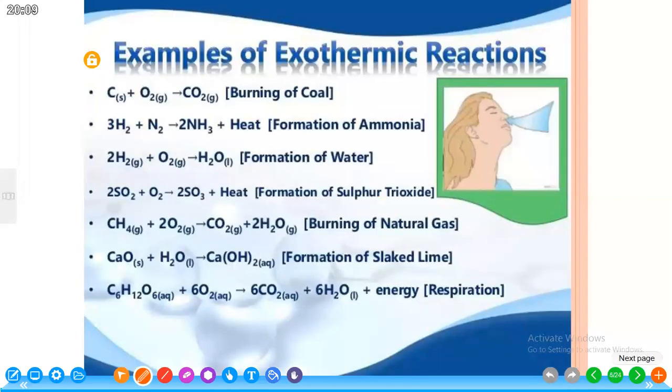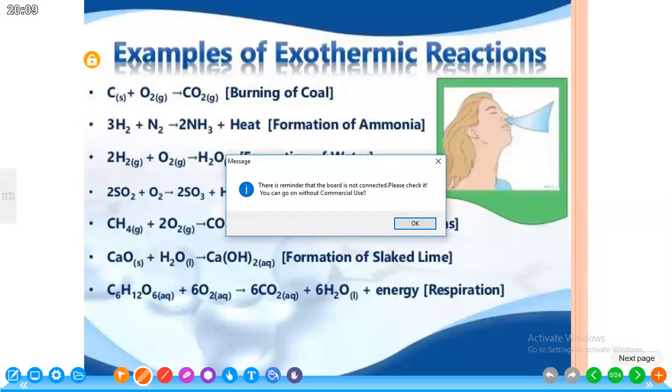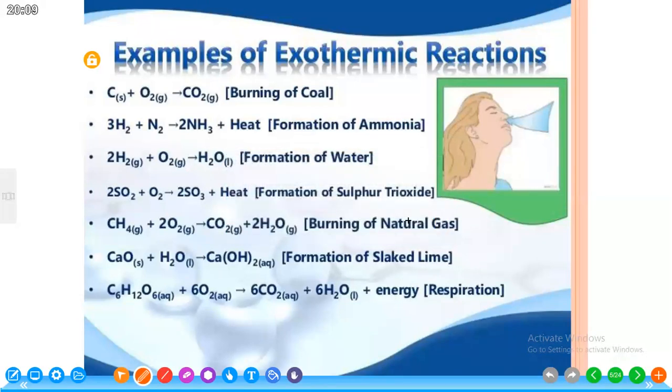These are very simple examples. You must remember them, because these questions are also included in your structured part. Carbon reacts with oxygen during burning, and carbon dioxide is formed. Another one, hydrogen reacts with nitrogen and ammonia is formed.